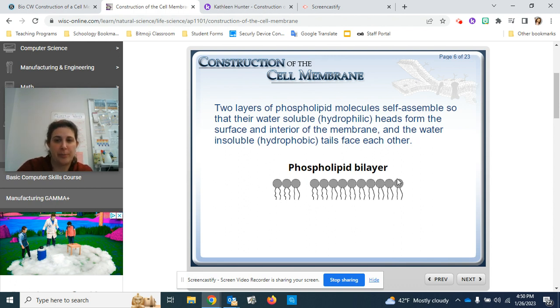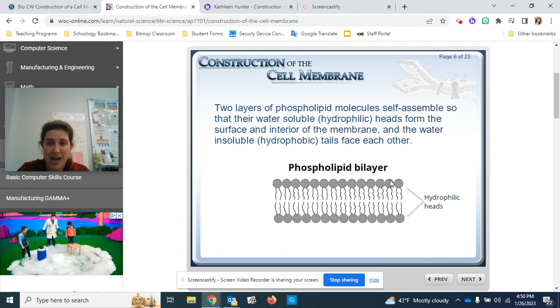When we look at those phospholipids, the way they line themselves up is by having the hydrophilic heads on the outside, round like a head, and then the hydrophobic tails on the inside. They swim like a tail. Those are the two layers of the membrane.